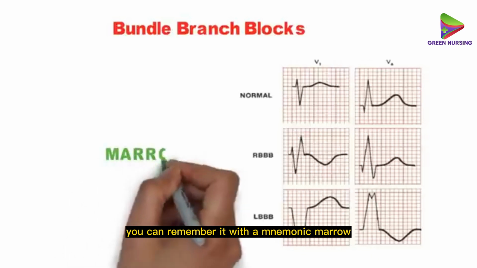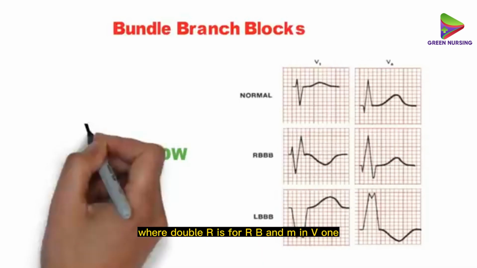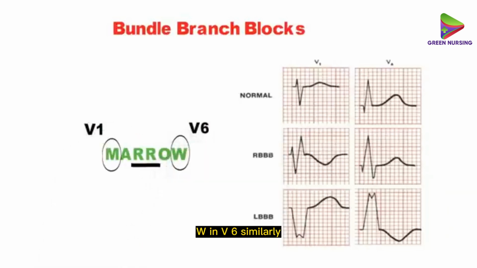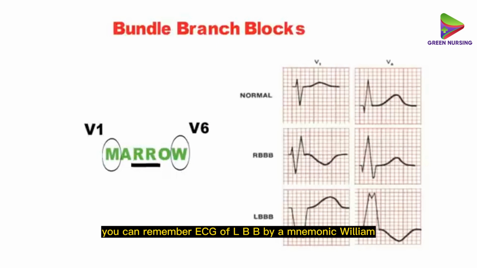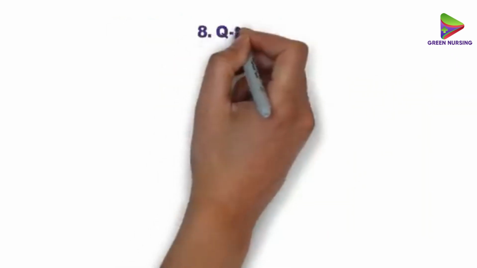You can remember it with the mnemonic "MARROW", where double R is for RBBB and M in V1. W in V6 similarly. You can remember the ECG of LBBB by the mnemonic "WILLIAM", where a W pattern in V1 and an M pattern in V6 is present.